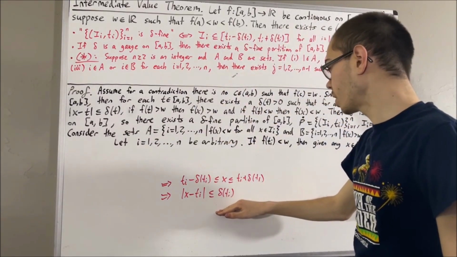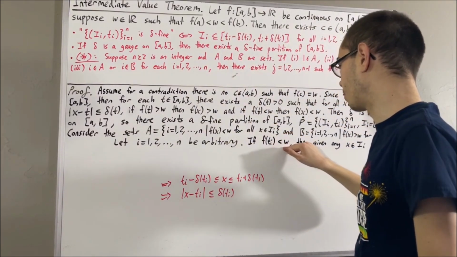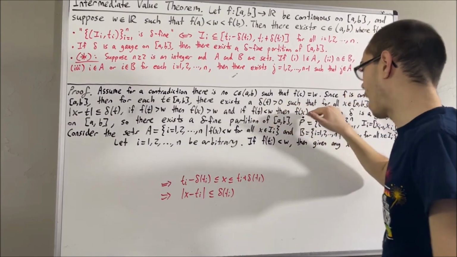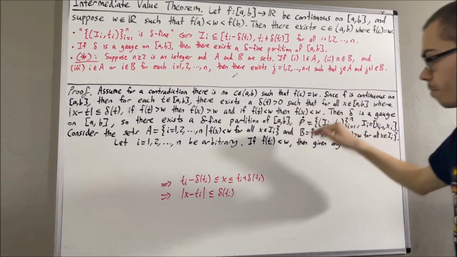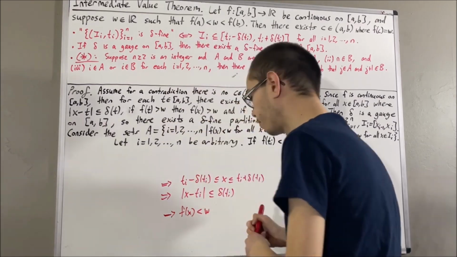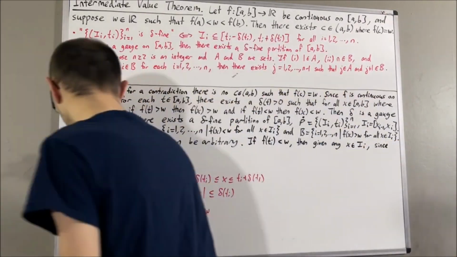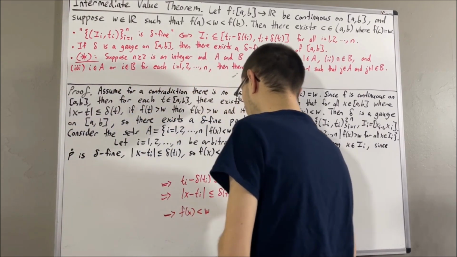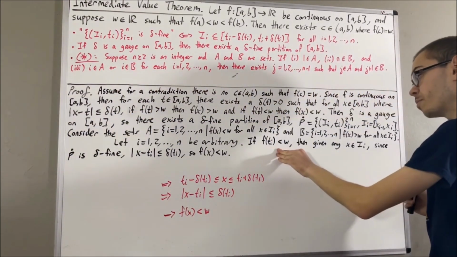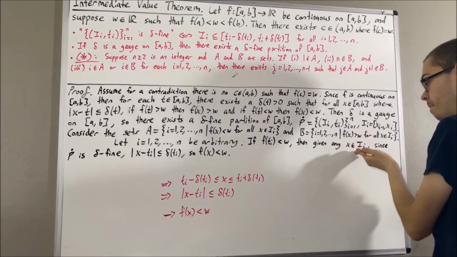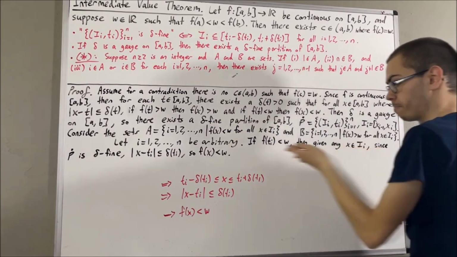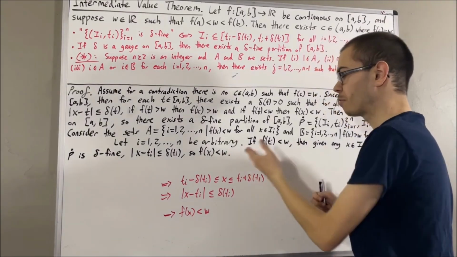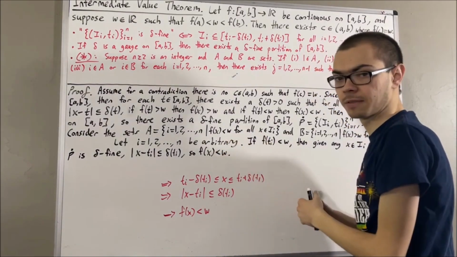And we're working under the condition f of t_i is less than w. So that implies we must have f of x less than w. So this shows if f of t_i is less than w, then every output value on the subinterval I_i is less than w. So that would show i is an element of A in this case.